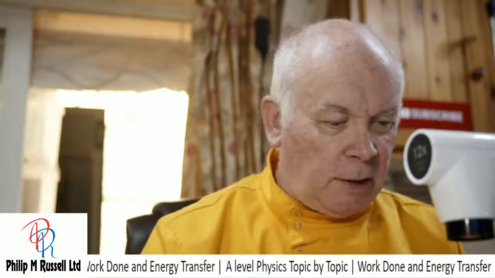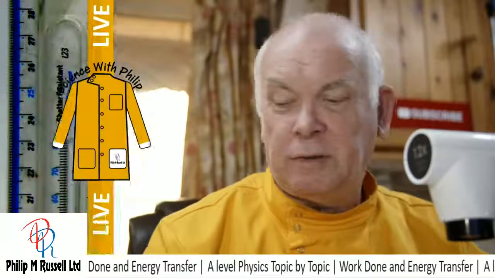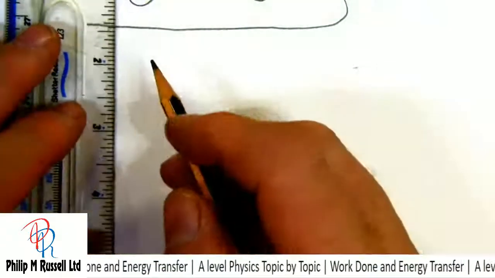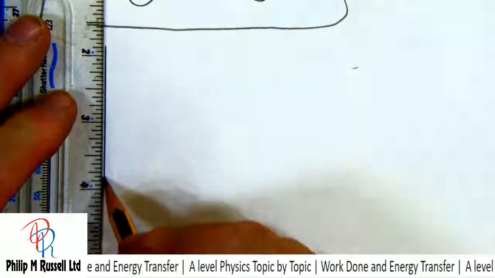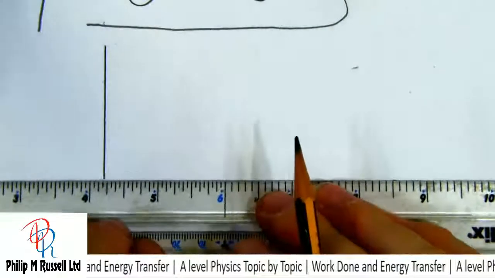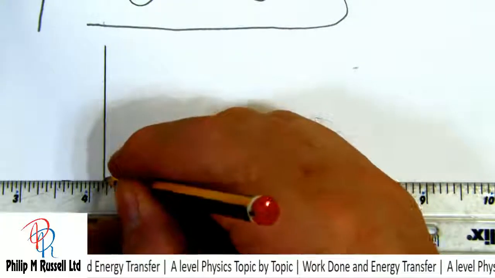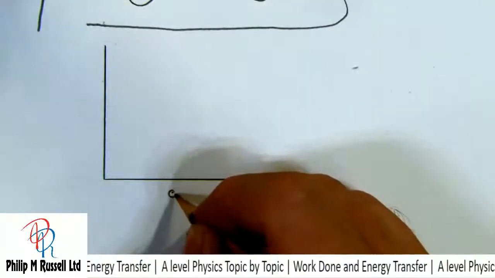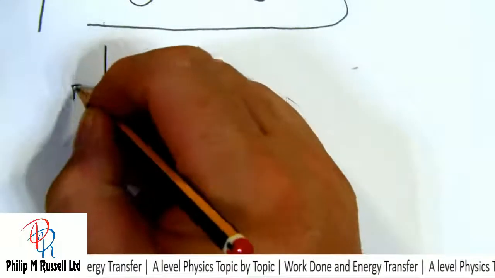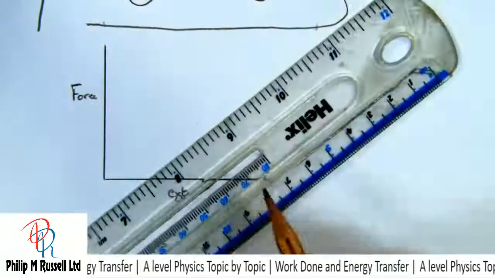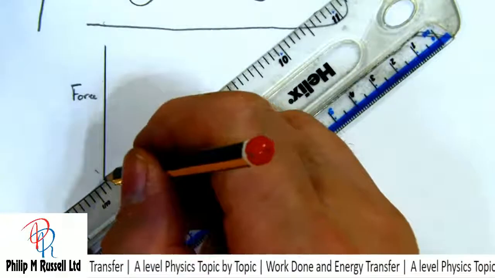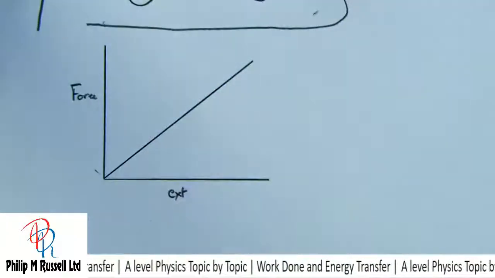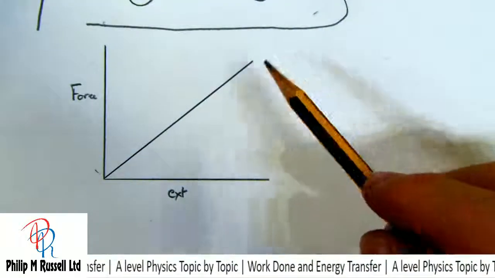You've probably all done the Hooke's law experiment, where we put in a force and measure the extension, and we'll see for many objects this represents a straight line.